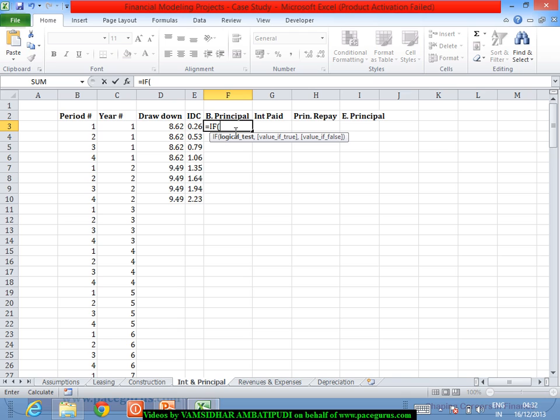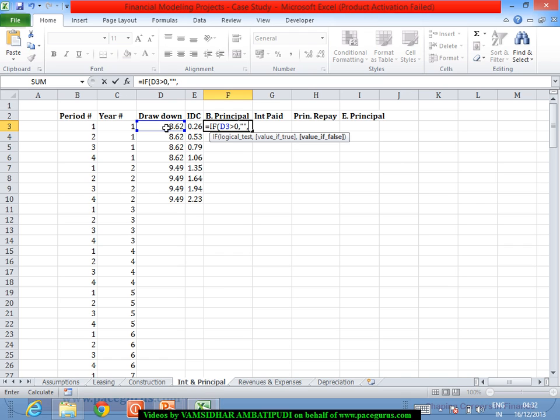If the drawdown is visible, if this drawdown value is greater than 0, I will directly put it as blank. So for those periods, if the drawdown value is greater than 0, I'll put it as blank.